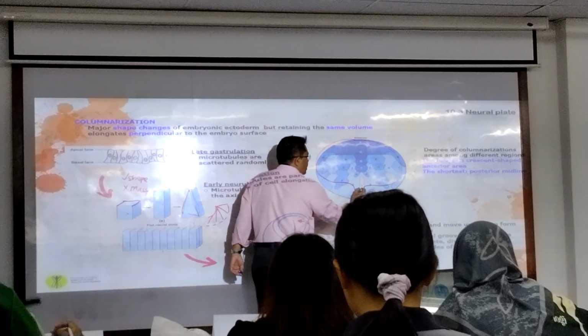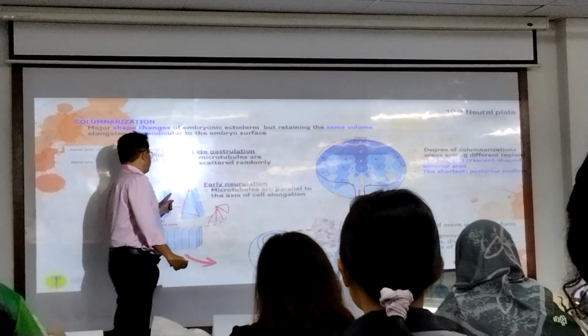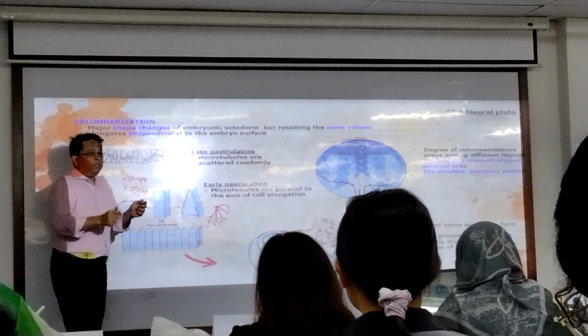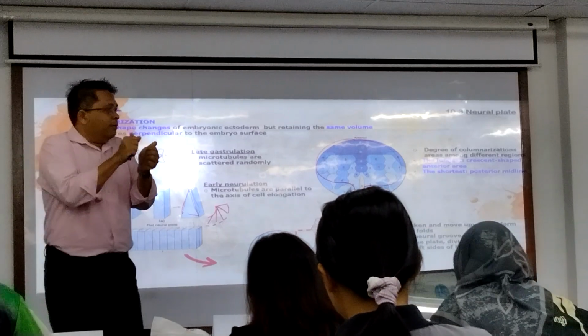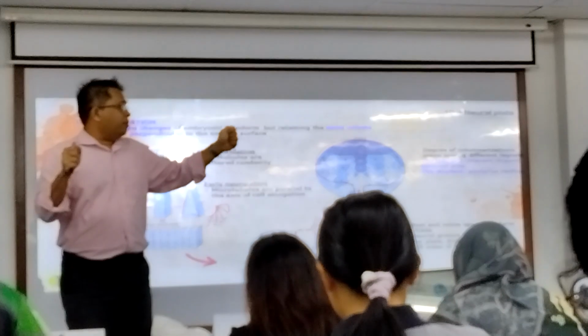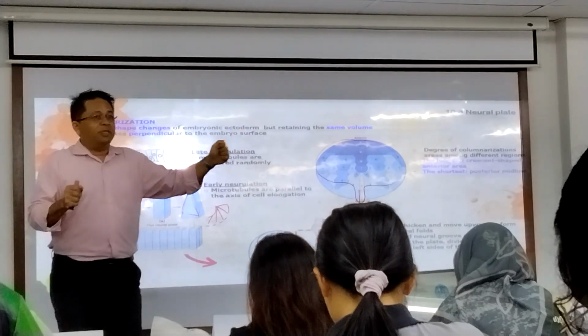So this is the outer area. The bigger one means it changed shape in that domain, like roti canai, right? You stretch to the maximum without causing any damage to the system.